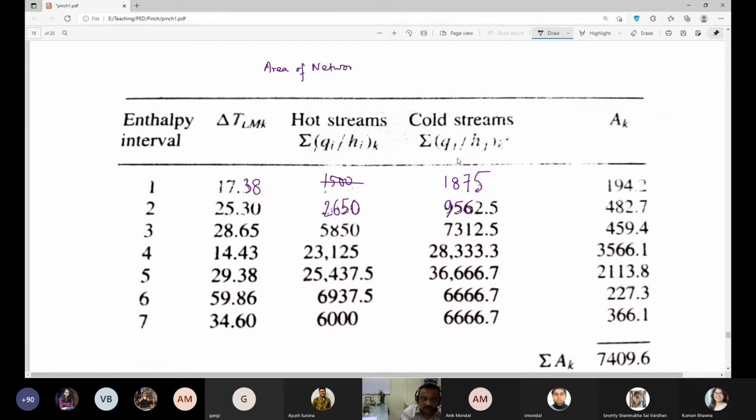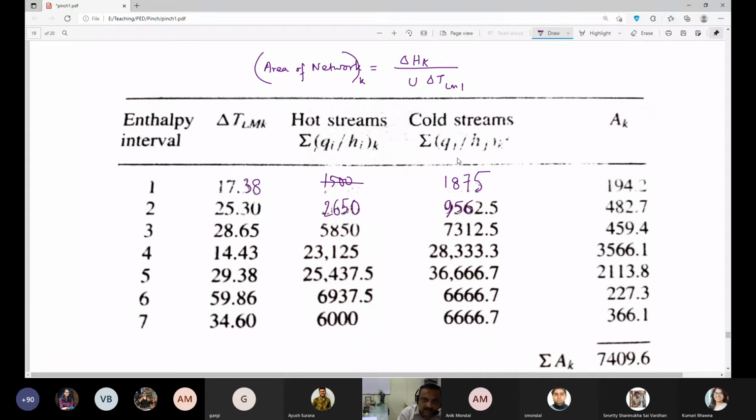The total area of heat exchange is equal to delta H divided by U times delta T log mean, right? So this is the area of the network for one segment, if I write it for one segment.